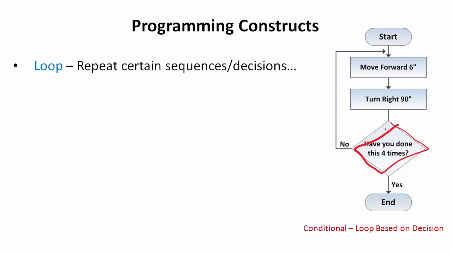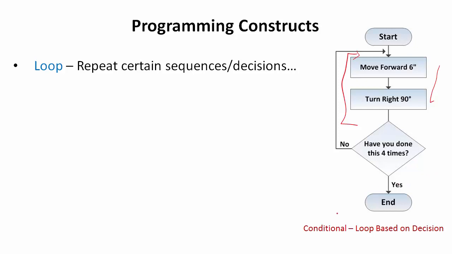Let's take a look at how this is going to operate. I come along and I move forward 6 inches, and then I turn right, and then I make a decision. Have you done this 4 times? If you haven't, go ahead and loop. So it's going to come this way if you haven't. And if you have done it 4 times, go ahead and end.